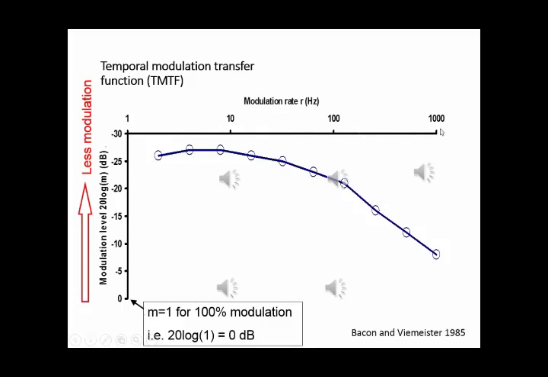You see increasing modulation frequency. That's not the frequency of the tone. Yeah? The tone frequency is called the carrier. We're talking about the modulation frequency. We're very susceptible to that at low frequencies, everything up to say 100 Hertz, and then even 200, 300, it sort of breaks down at around 1000 Hertz.